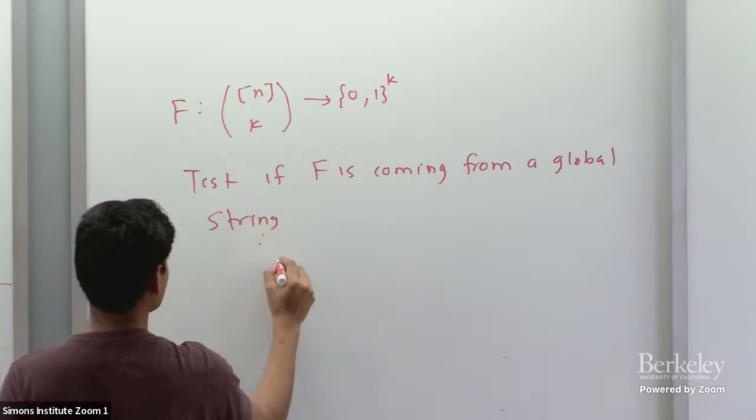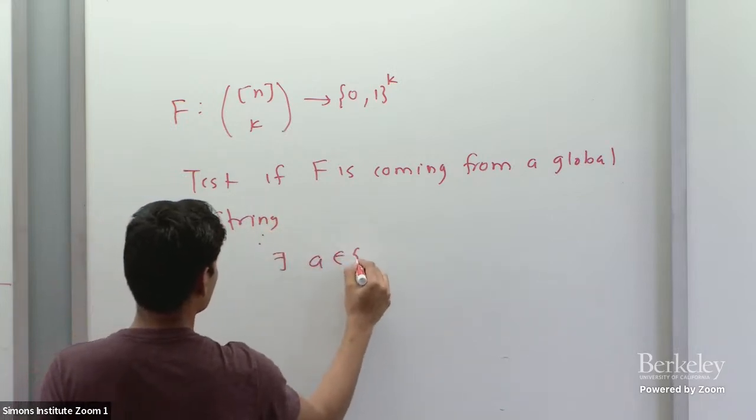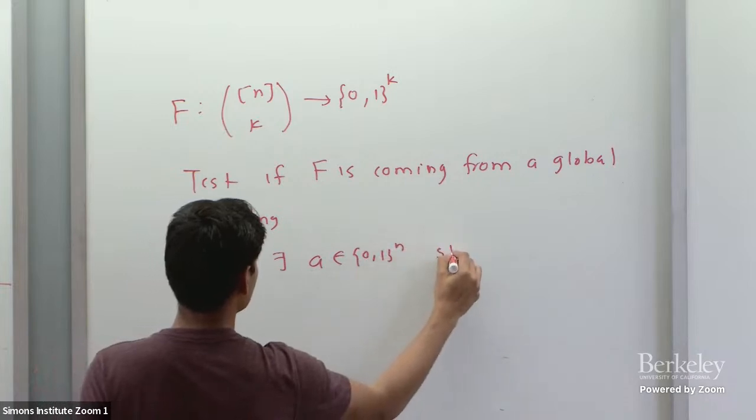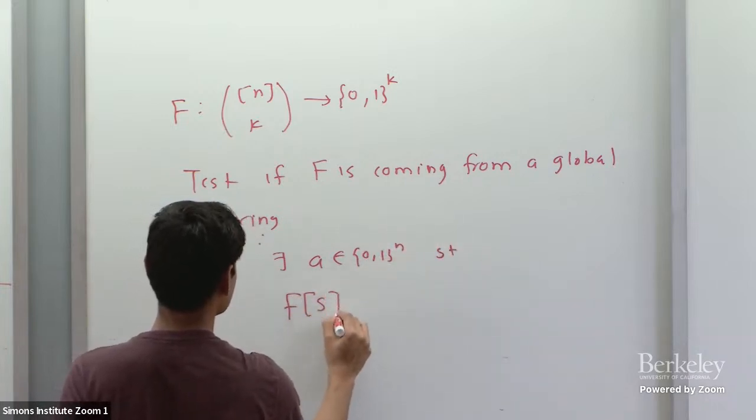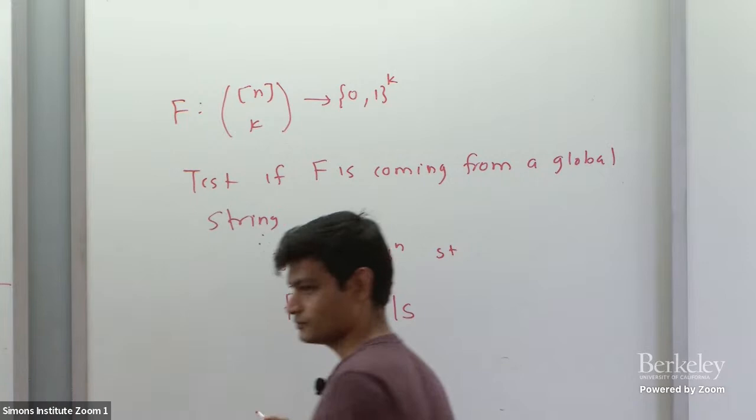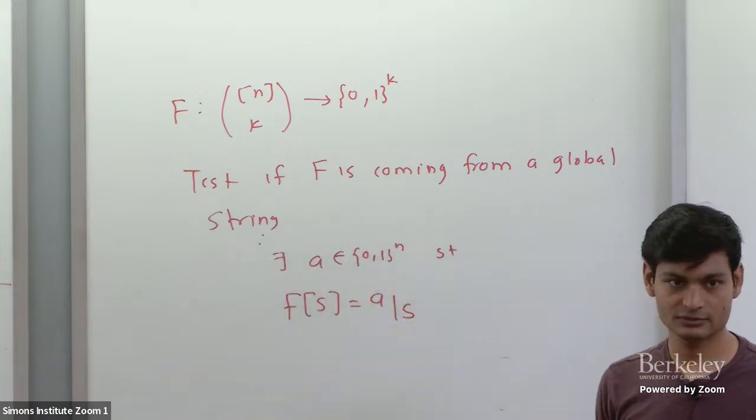That just means: does there exist a, a bit string in 0,1 to the n, such that F at S is really the restriction of a at S?